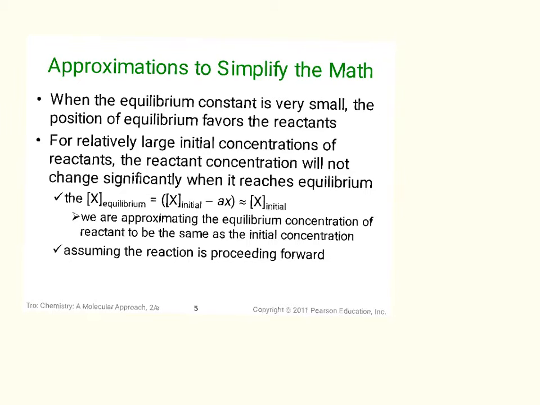We remember that when equilibrium is established, we usually have in our reaction mixture both reactants and products. However, when the equilibrium constant is very small, it means that the position of equilibrium favors the reactants, and most of the mixture is reactants.